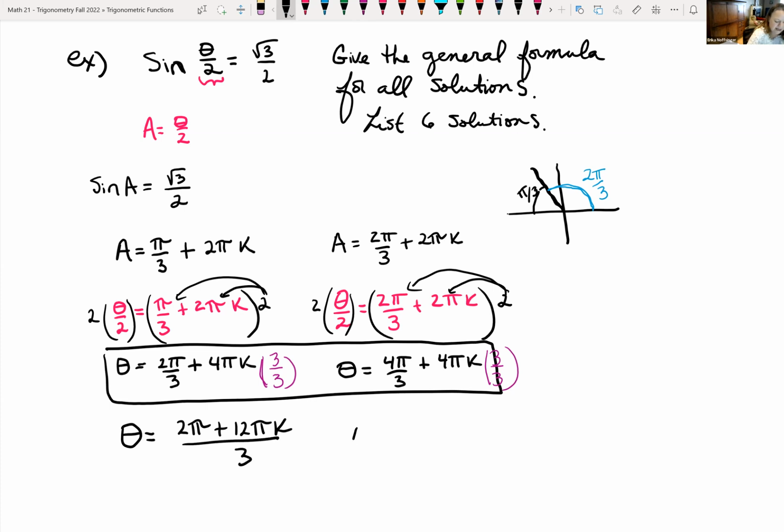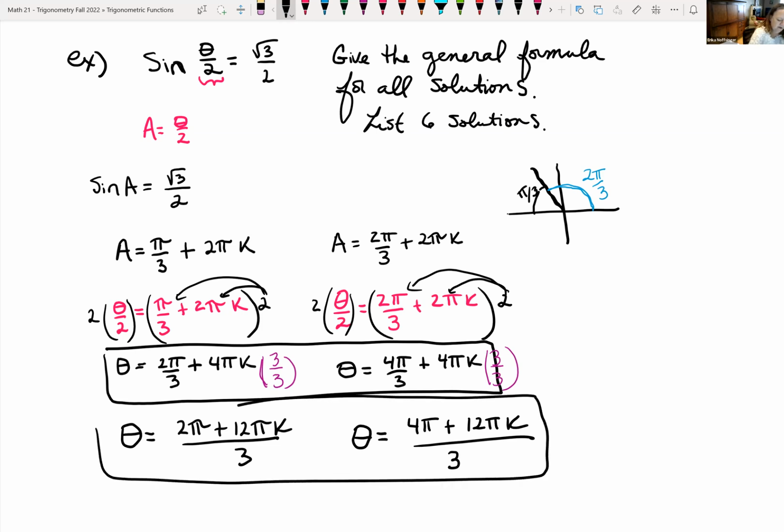So we could use that as our general formula also. Or 4 pi plus 3 times 4 pi k is 12 pi k all over 3. So again, we can write that as our general solution.